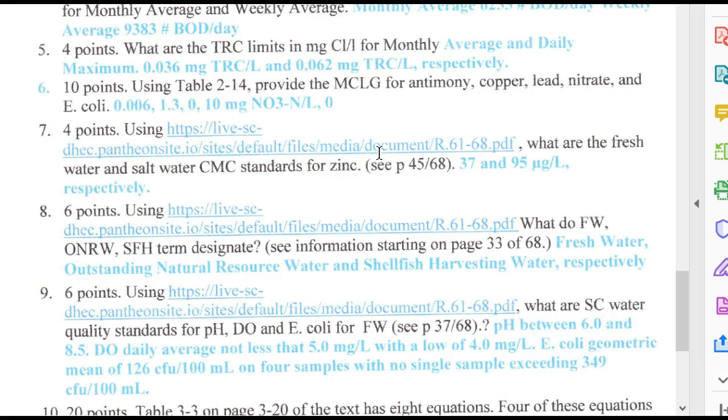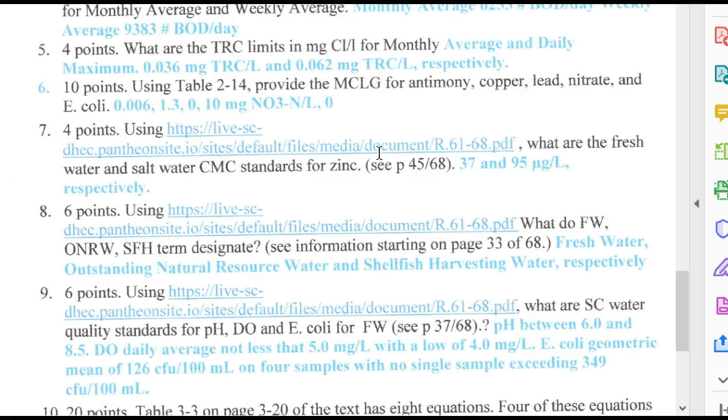The zinc limits for salt and freshwater I think are very interesting. You'll note that the limit is quite low, 37 parts per billion in freshwater, although it's somewhat higher in salt water or brackish water, which is because of much higher hardness of those streams.